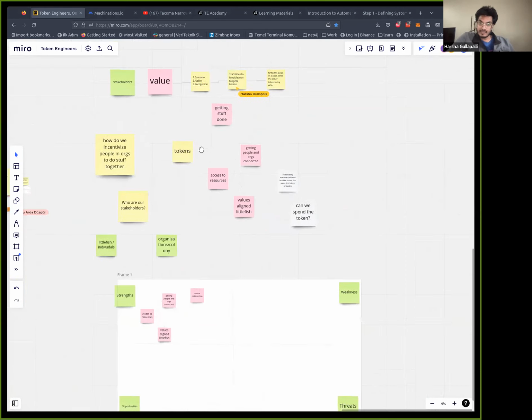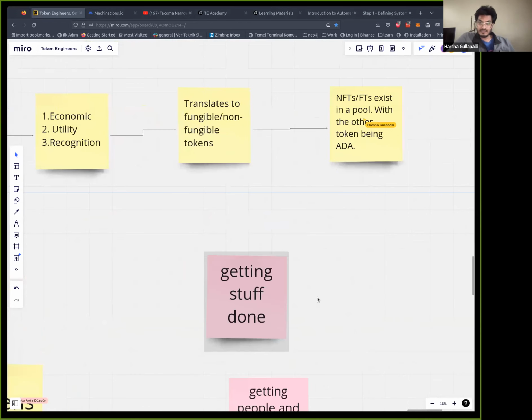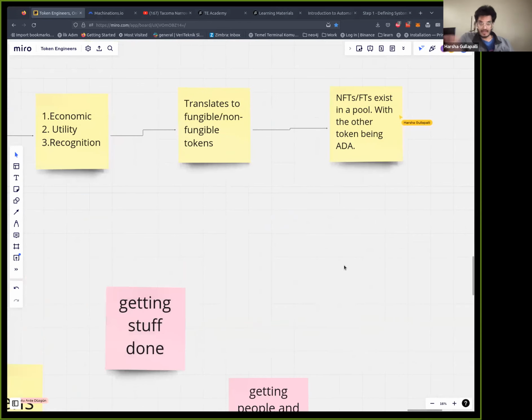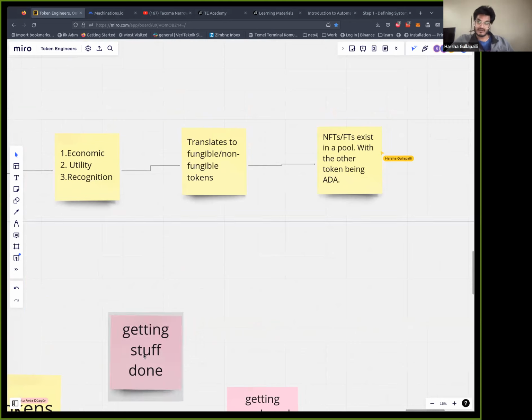So now we are taking all of this and putting it in a pool. Once you put it in a pool, it could be exchanged with ADA or whatever. So what is the point for these people to have the NFTs or the fungible tokens, what is it going to give them, and how are they going to use it, is what we are figuring out, right?